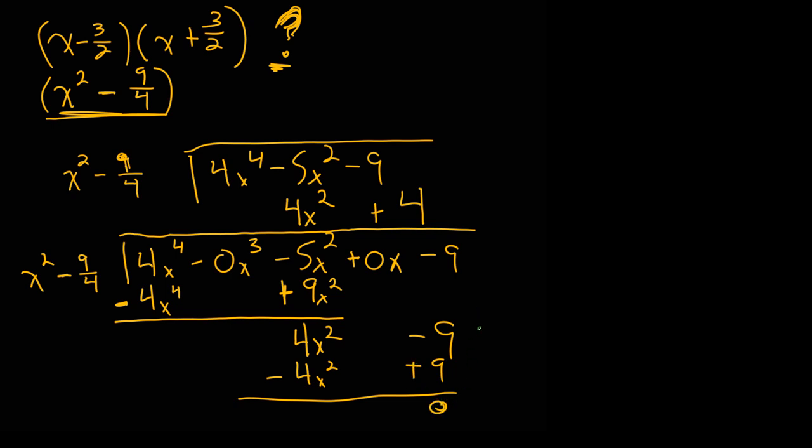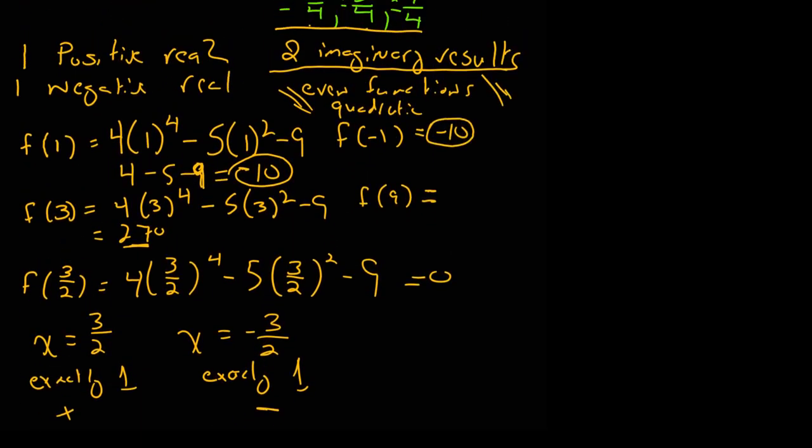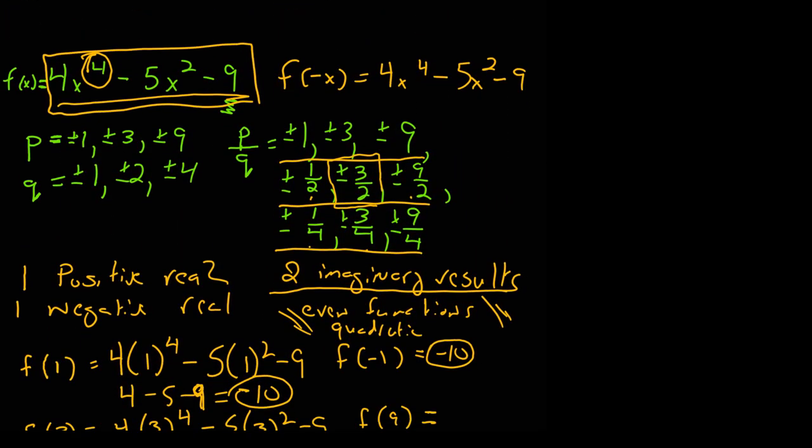All right, so I'm going to do a little recap here because we're just about done with this problem. This found our solution, so let's look at it. I knew I had to have 4 answers. My rational root test says if there are any rational roots, these are my possible numbers.